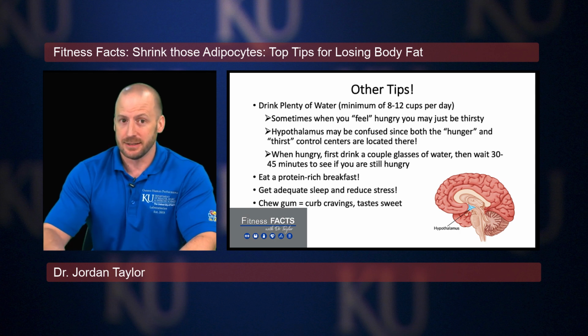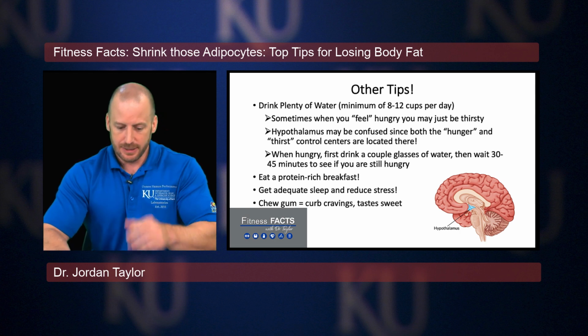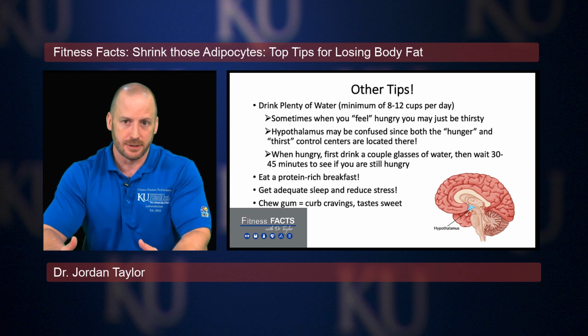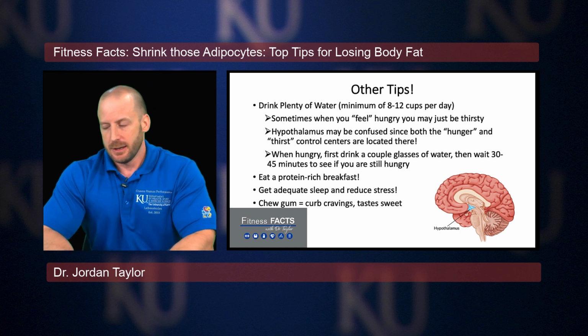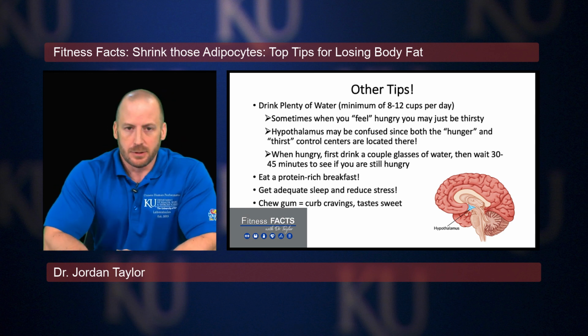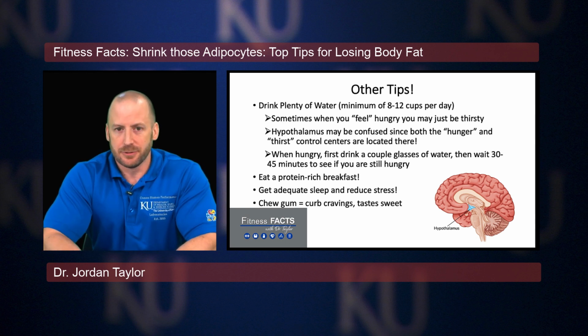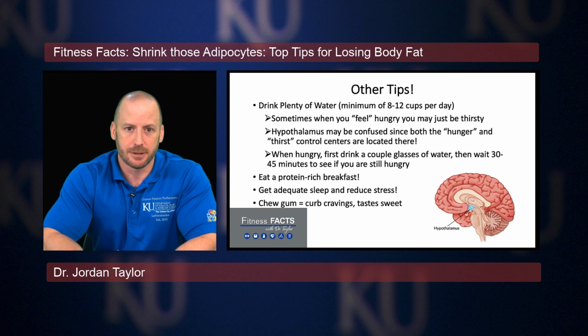So it might have been the hypothalamus kind of got tricked. It thought you were hungry when really you were just dehydrated and thirsty and needed to drink some water. And therefore, your brain and the hypothalamus registers as you being satisfied, right? So drink the water first, see if you're still hungry. If you are, well, yeah, then maybe you need to go ahead and eat, okay?